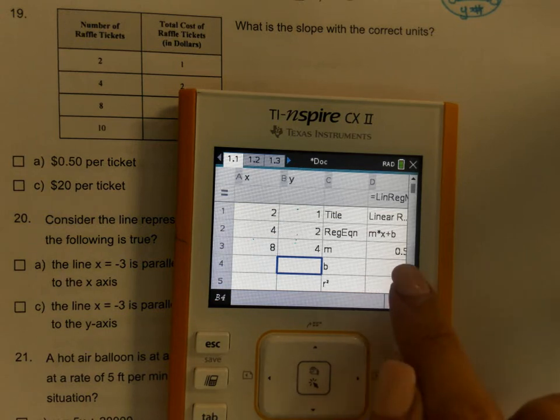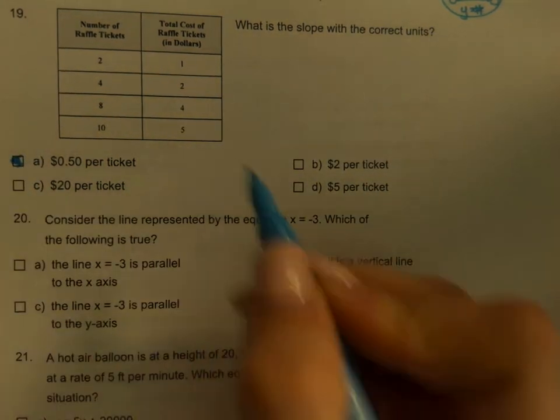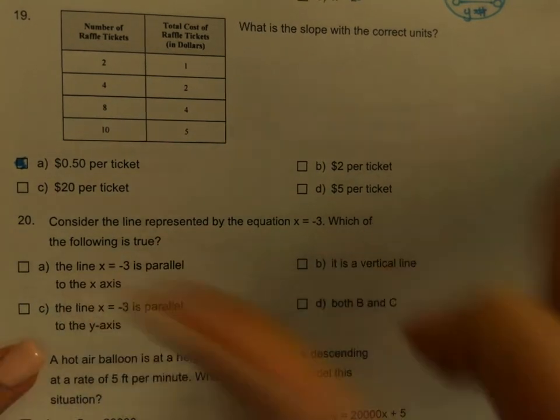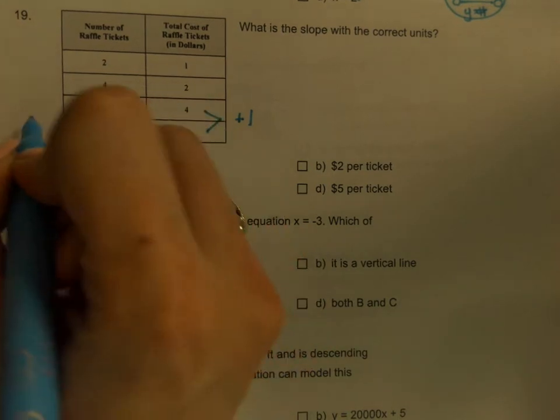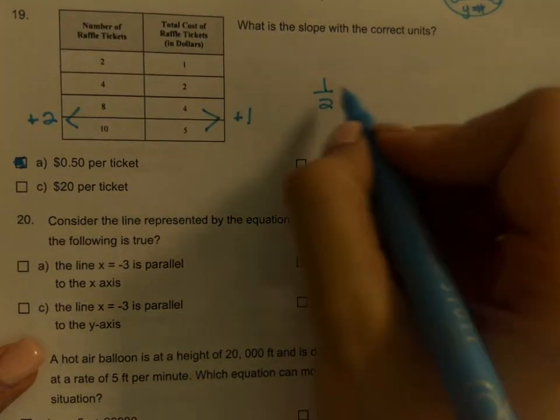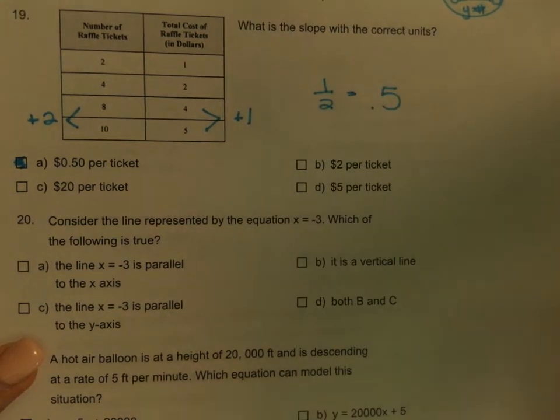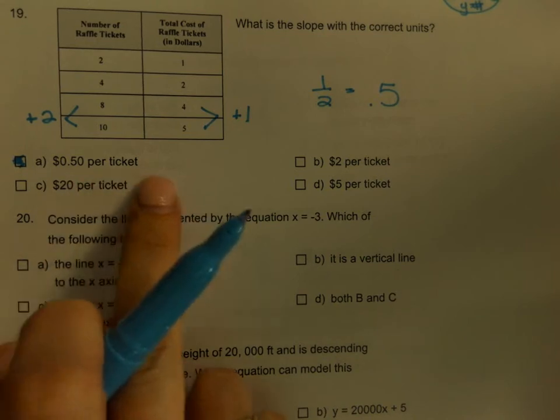So our slope, our m, is 0.5. That means it's 50 cents per ticket. If I was doing it by hand, to get from 4 to 5, that's plus 1. To get from 8 to 10, that's plus 2. 1 over 2 is your slope, which is 0.5. So it's 50 cents, or $0.5, per ticket.